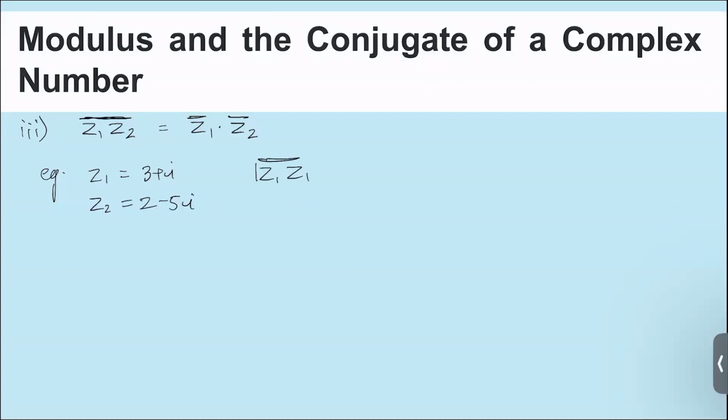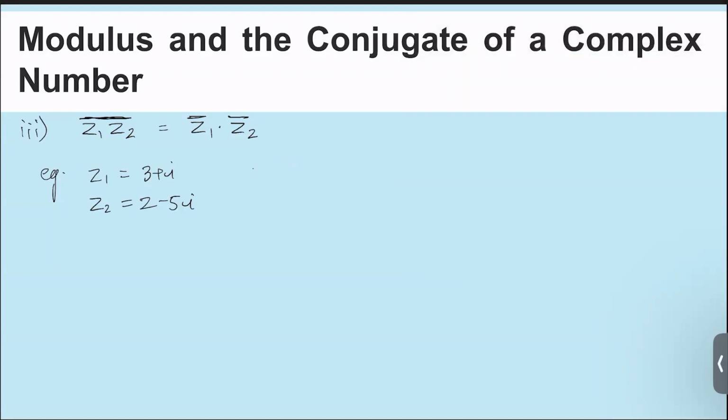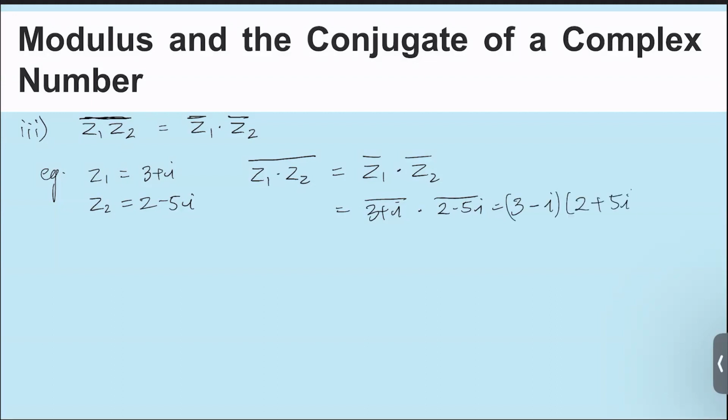Sorry, not mod, we will use the conjugate over here. So you have conjugate of z1 z2. Conjugate of 3 plus i multiplied by conjugate of 2 minus 5i, so that is 3 minus i multiplied by 2 plus 5i.